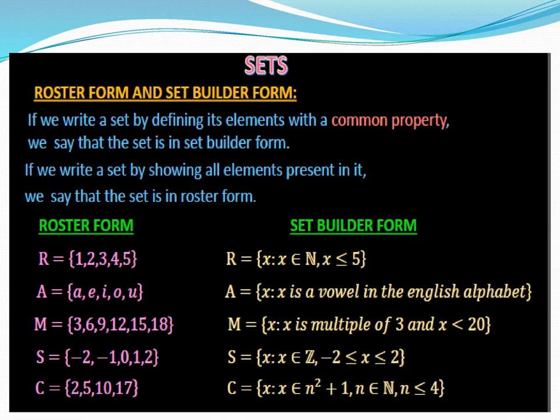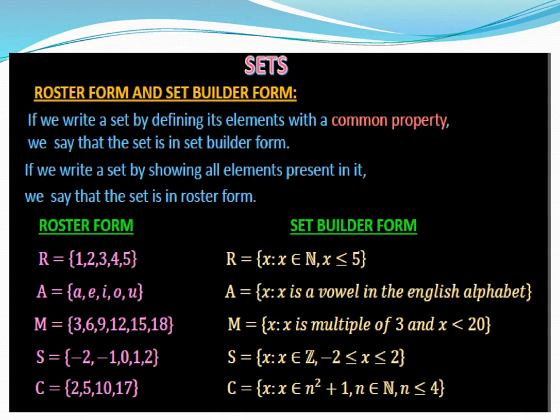Here we can write three types. M equals the set of X such that X is a multiple of 3 and X is less than 20. Second, M equals the set of X such that X is a multiple of 3 and X is less than 19. Or M equals the set of X such that X is a multiple of 3 and X is less than or equal to 18.